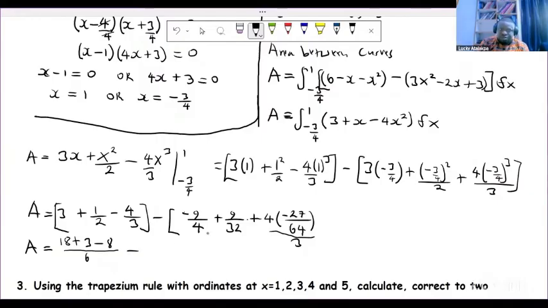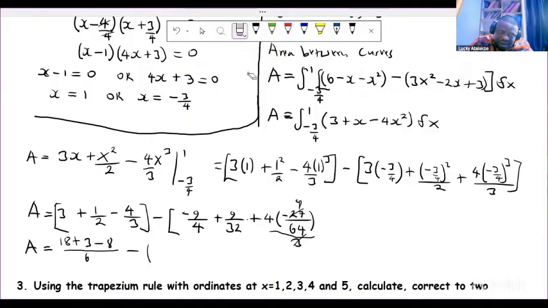Then for the minus part, if you simplify this, 3 can divide 27 and it will go 9 times. Simplifying all of this, we end up with negative 45.